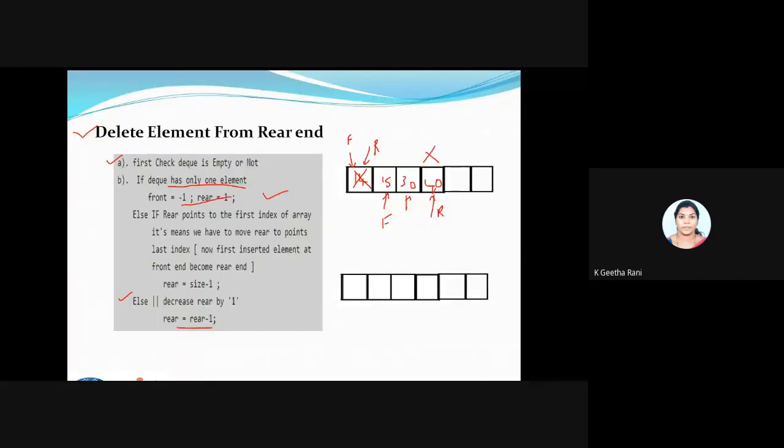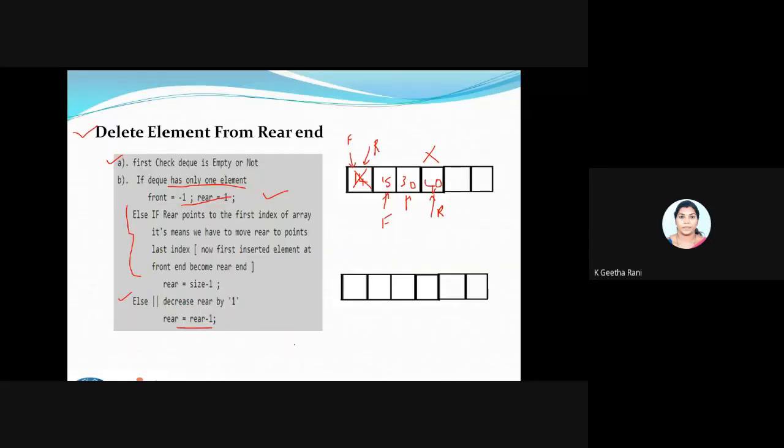And we have one more thing. You can see here, what this means is that if the rear points to the first index of the array, since it's a circular array, the rear and front pointers keep rotating and changing. Assume my rear pointer is at index 0, the first index of the array, and I need to delete 14.